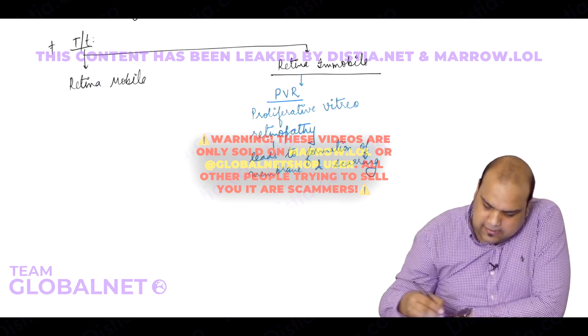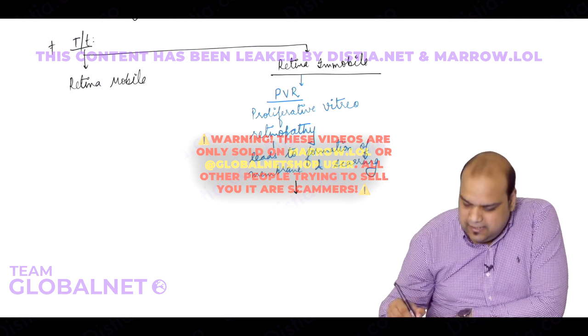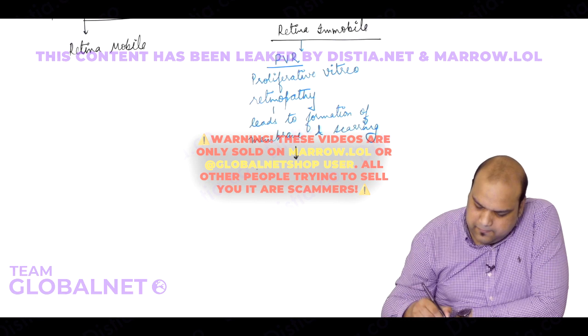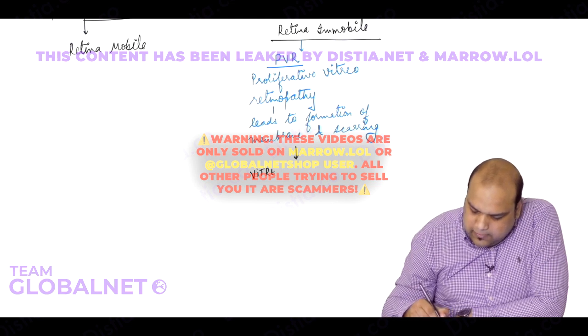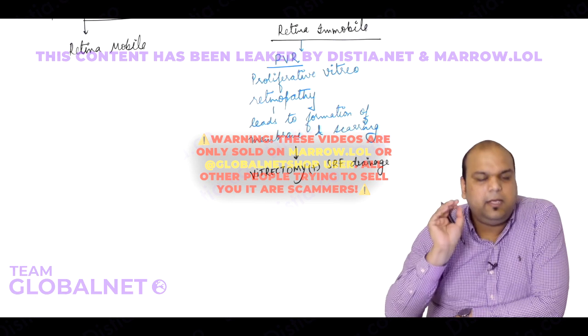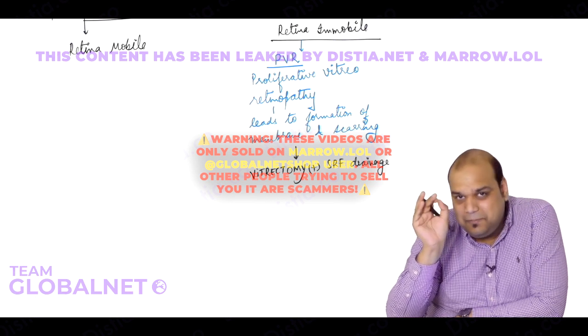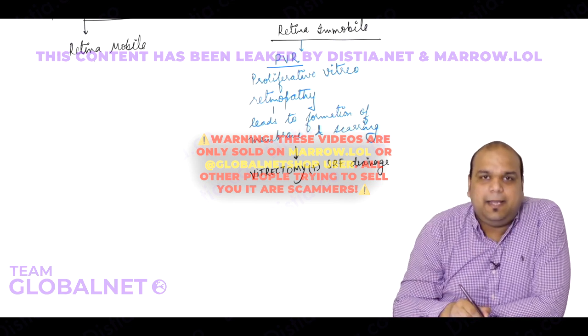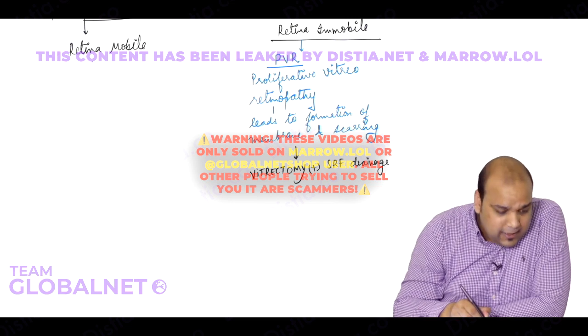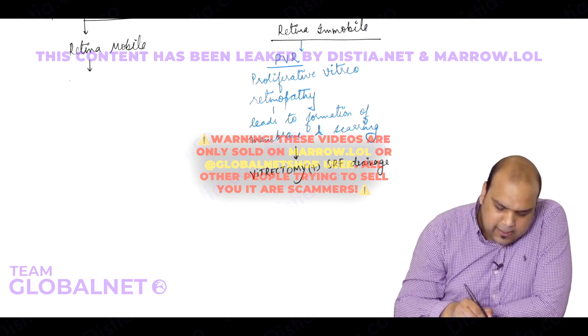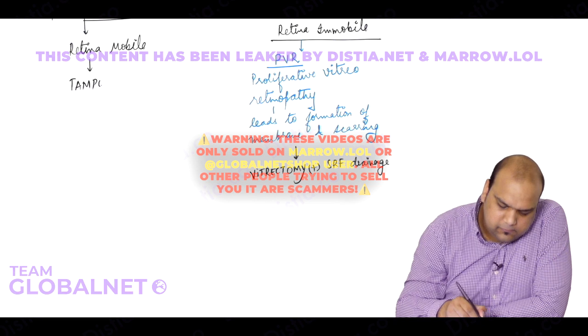If this has occurred, then we say the treatment should be vitrectomy plus subretinal fluid drainage. Am I clear to everybody? Yes, that is the main thing. But if the retina is mobile, then what I can do is I can do tamponading.